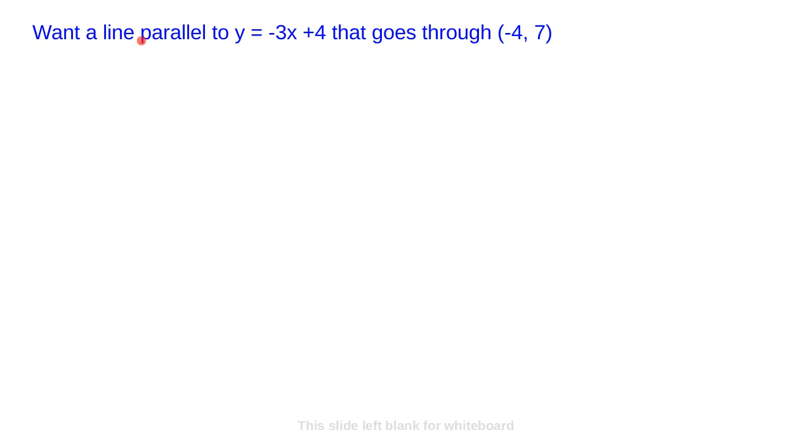So parallel. What did we learn in the last thing? What does parallel mean? What do those slopes have to be? What do we know about the slopes of parallel lines?